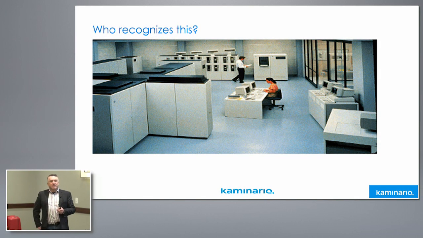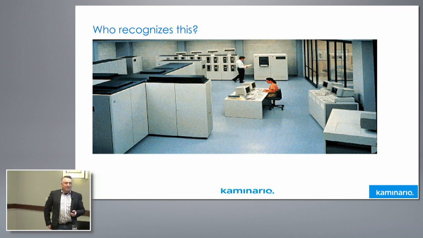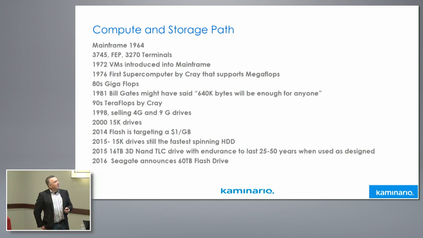You look back at the 60s and 70s, the mainframe was the primary mechanism for everything that was going on. Compute, network and storage were all in the same exact data center. Things haven't changed much. We made things a lot faster and smaller.